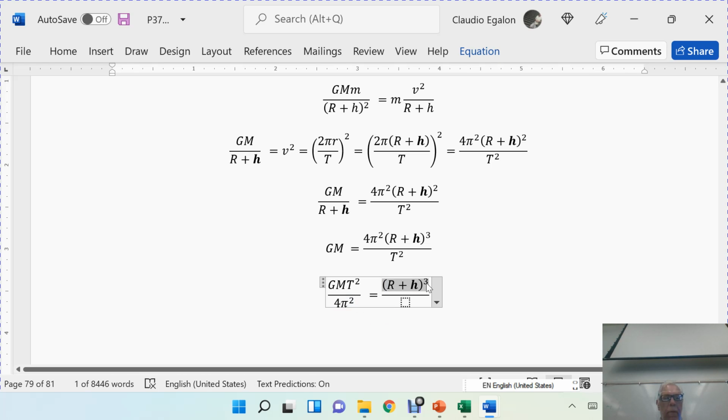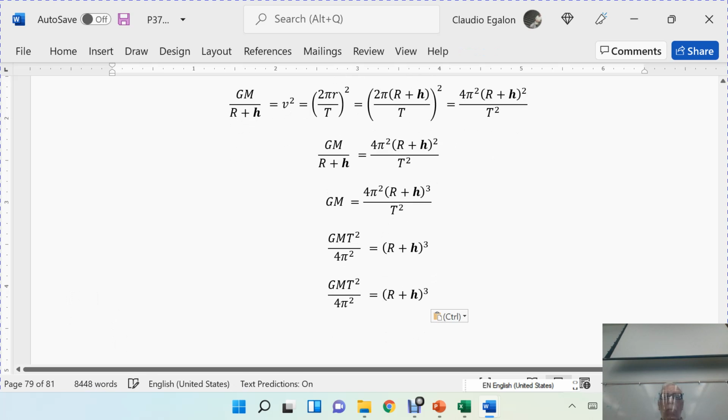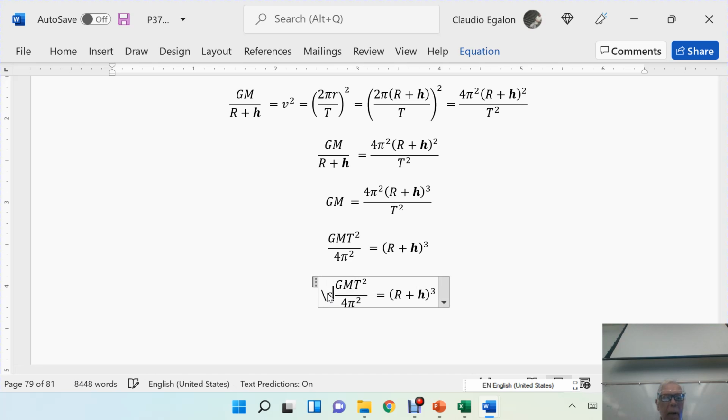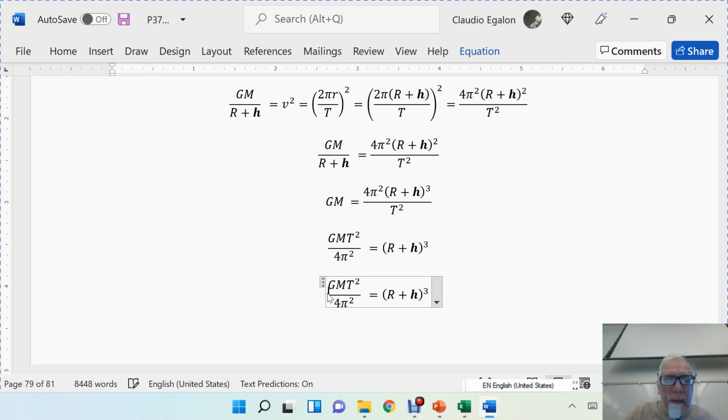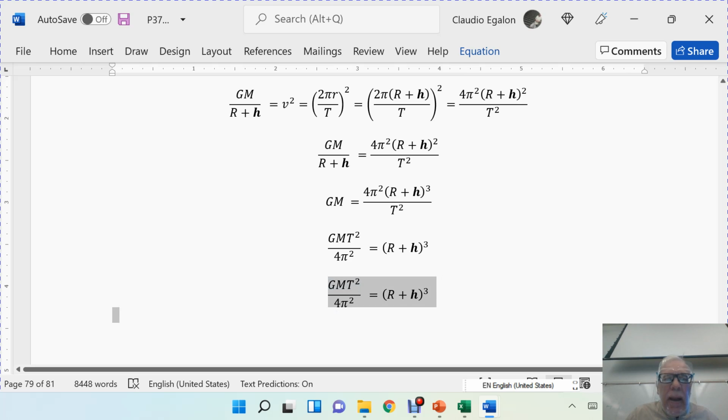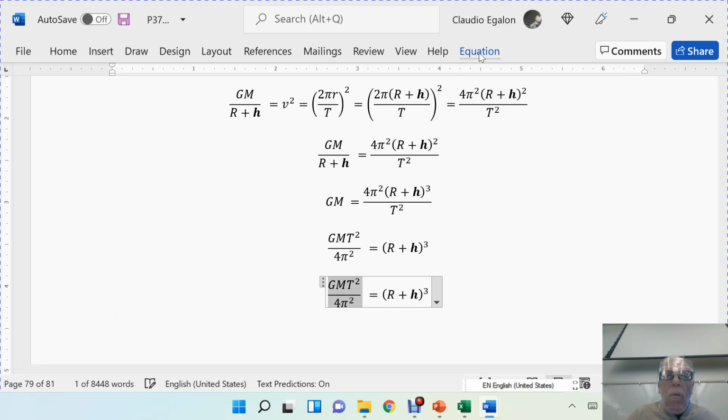Algebra, right? I'm going to solve for h now. In order to solve for h, I must take the cubic root on both sides. Let me see how we can get the root here. I don't like this square root, do you? I'm going to do it the long way.